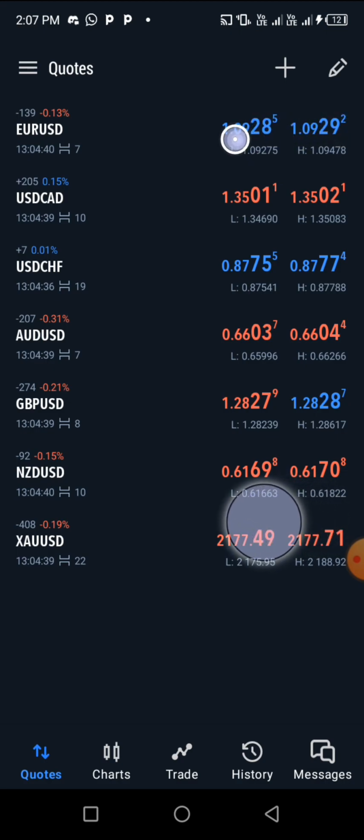Now, if you look at this figure here, you find out that there is a slight difference between this range and this particular range. This one is reading 28 and this one is actually reading 29. If you subtract this one from this one, you'll be having 0.0001, in 4 decimal places. So the fourth decimal point is known as 1 pip.